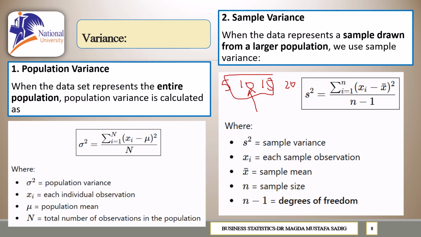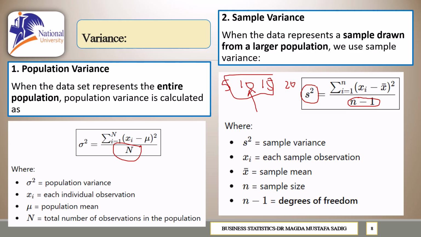And we use this formula where S squared represents the sample variance. Observe that we use a different symbol for sample variance and a different one for population variance. And we divide here by n minus 1, but here by capital N.